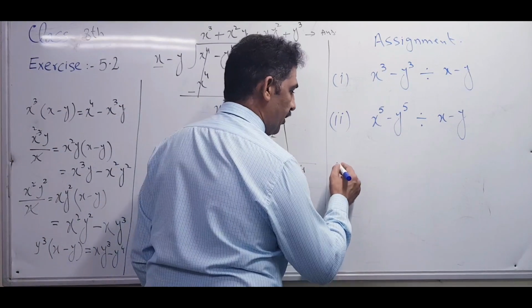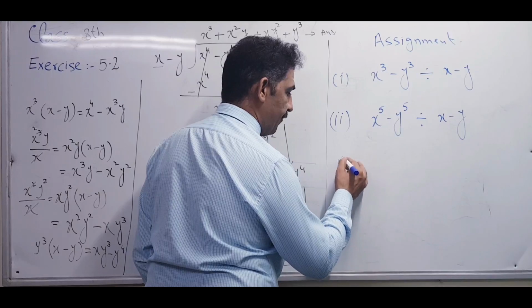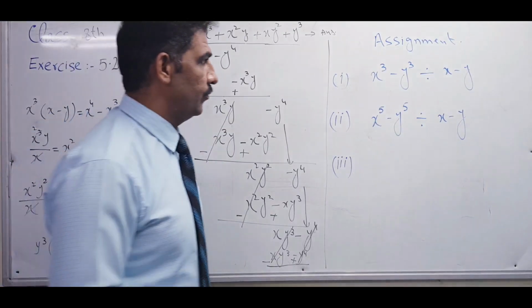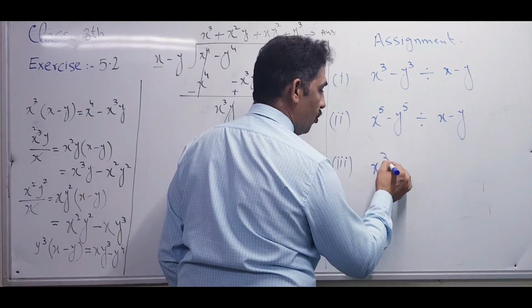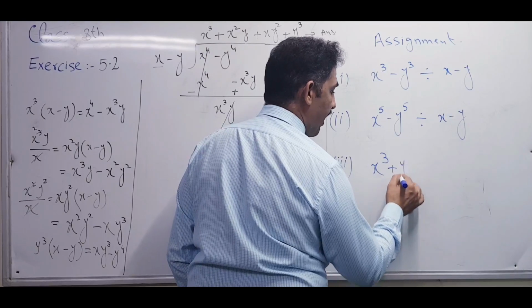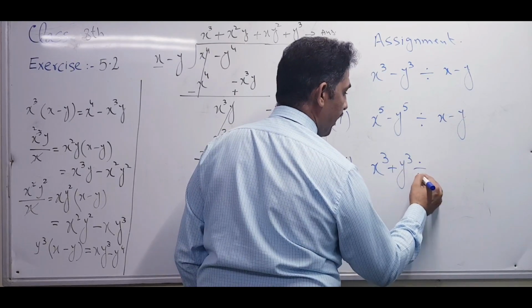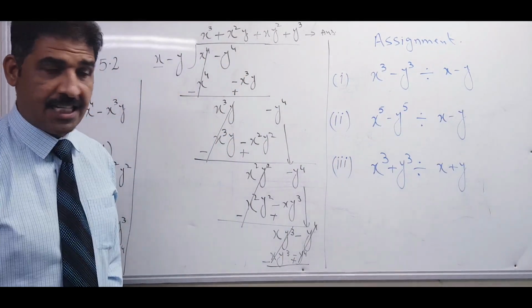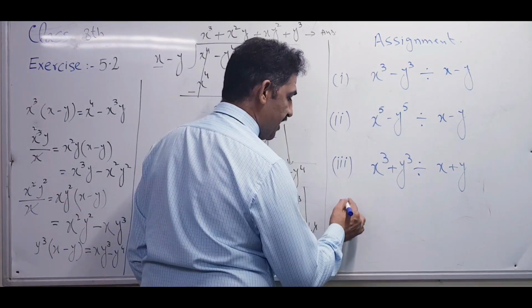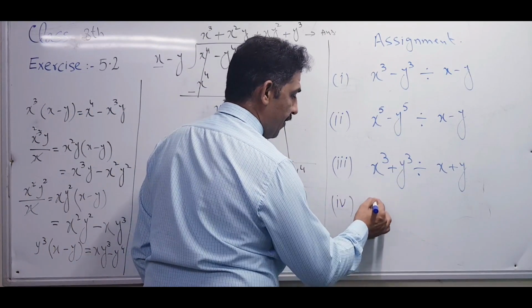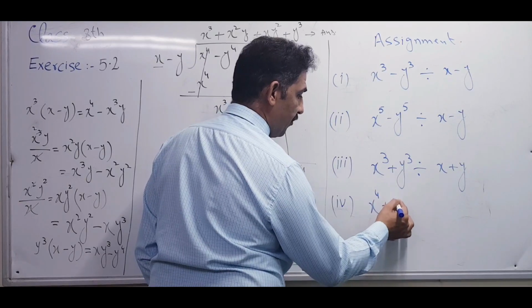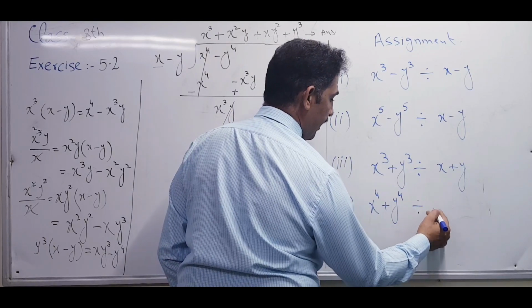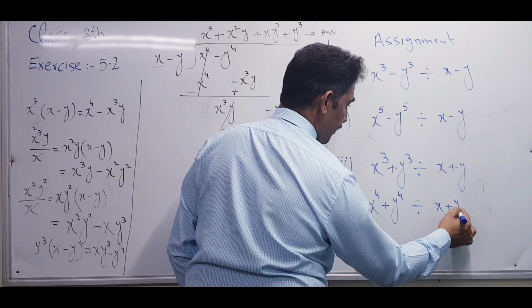A little bit of change of this question, then more assignment is the same numbers by changing their sign between them, like x cube plus y cube divided by x plus y. And one more challenging question is x exponent 4 plus y exponent 4 divided by x plus y.